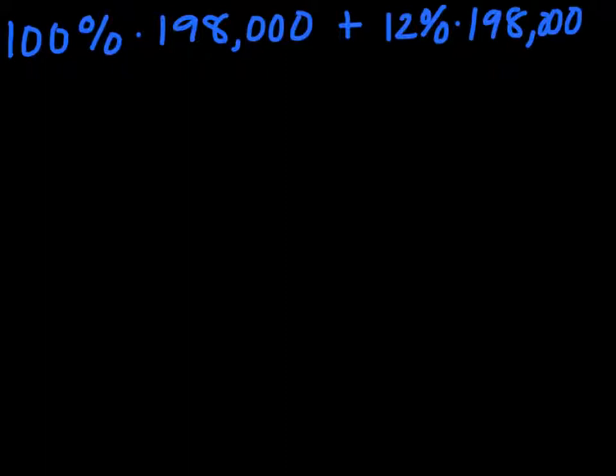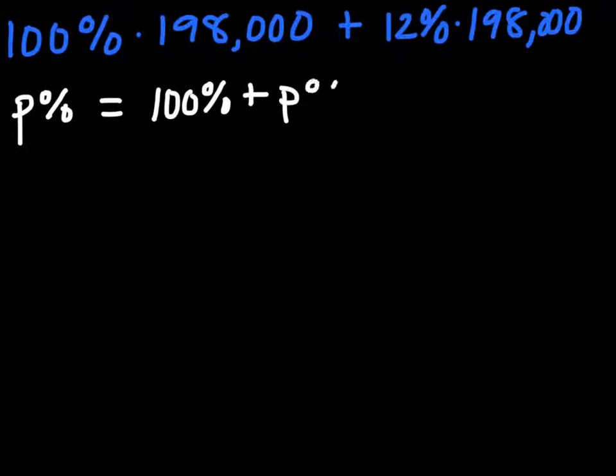This suggests another way that we could find the new amount. For percents of increase, rather than finding 100% of the original number and adding it to the percent of increase, we could simply take 100% plus the percent of increase and multiply that by our original amount. In other words, we could have solved by taking 198,000 and multiplying it by 112%.